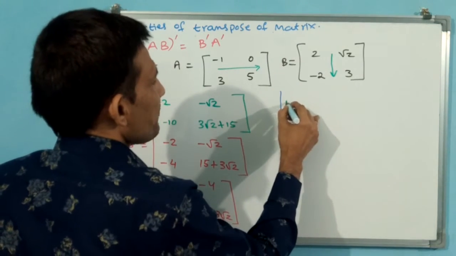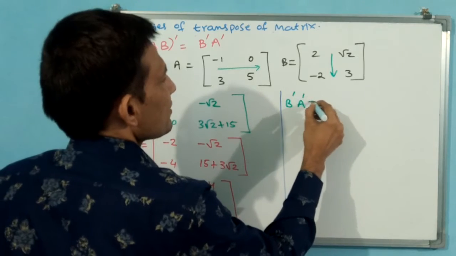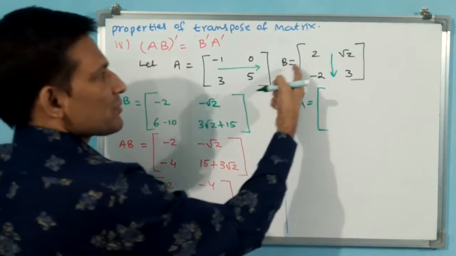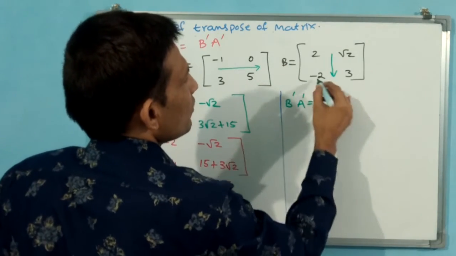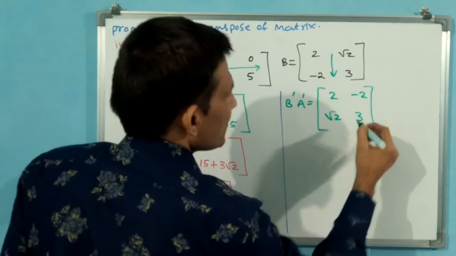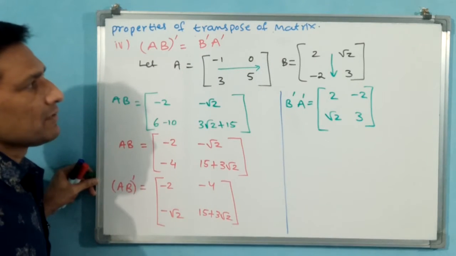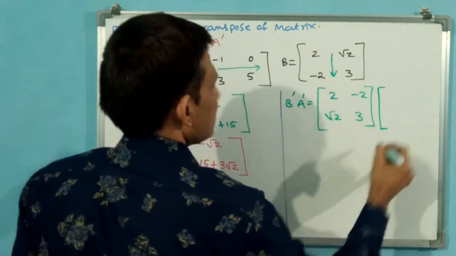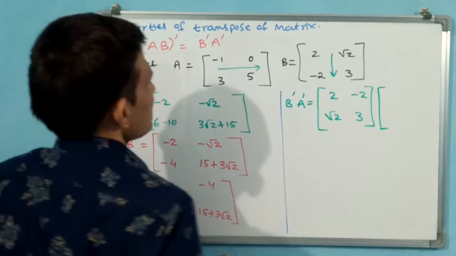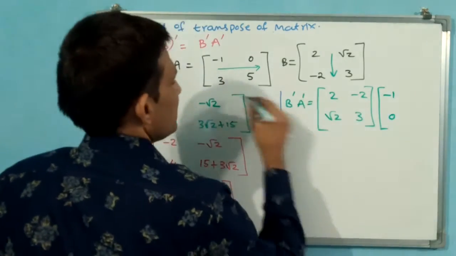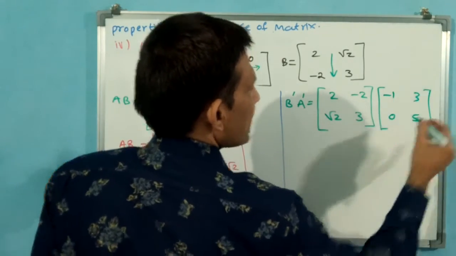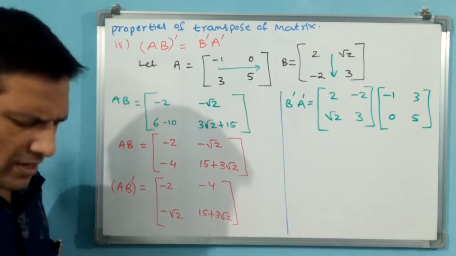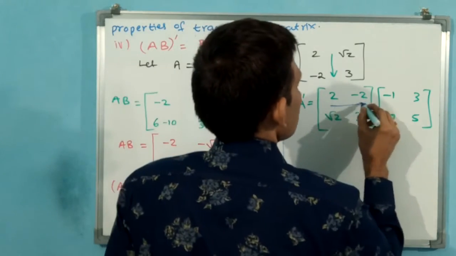You see now, B transpose into A transpose is equal to, directly I have written, B transpose will become 2, root 2, minus 2, 3. First up to B transpose, rows have become columns. Now A transpose also, write down. A transpose: minus 1, 0, 3, 5. This is also okay. Now what we do? We do multiplication of these two.